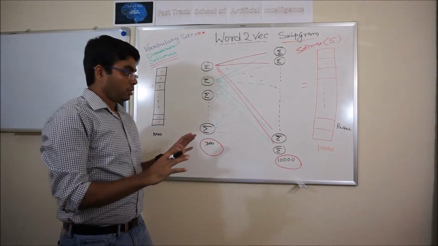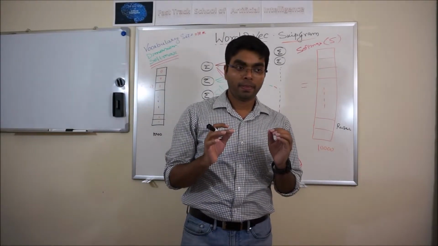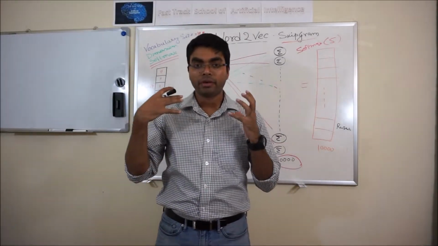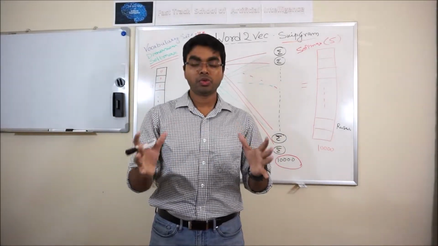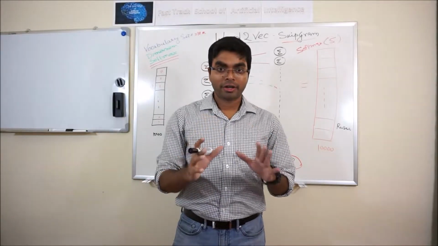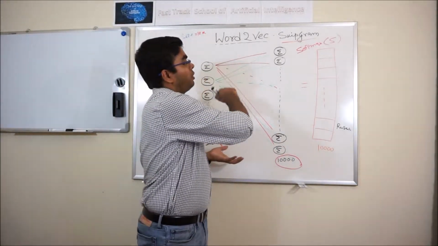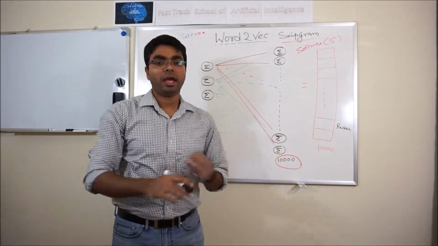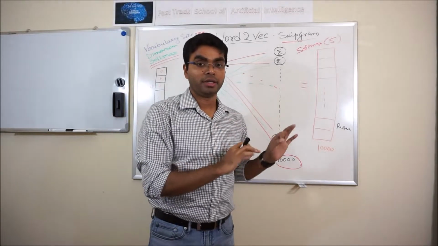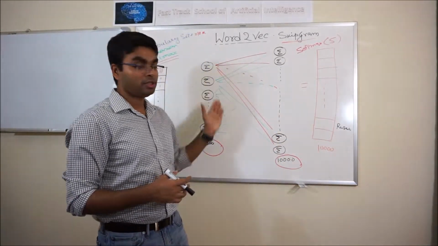Now, interestingly, in this word2vec model, the way we are training our model, we are not going to use it in the same way. Our target is to make this model learn the weights for each and every neuron, and then forget about why we created it, as long as we have got the weights for each of these neurons.